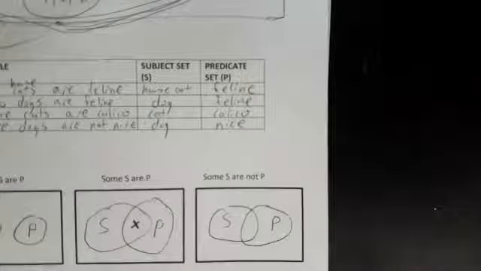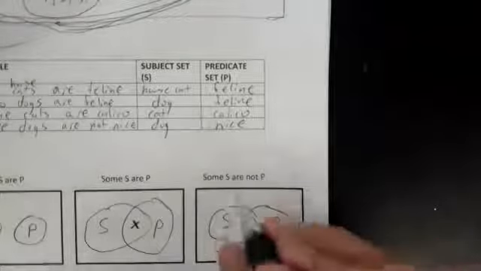But we draw it just in case. Just in case we have to use it, it's there. Some S are not P. So this is giving us something about the existence of a member as well. This is telling us a member exists over here in S, but not in P.